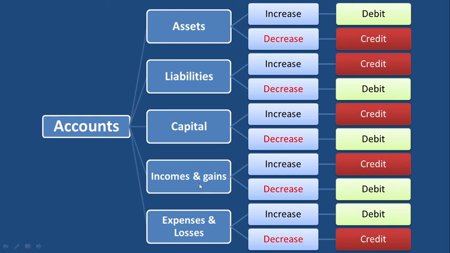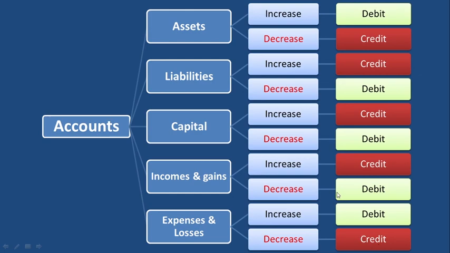When incomes and gains are increased, they are credited. When incomes and gains are decreased, they are debited. The last one: when expenses and losses are increased, they are debited. When expenses and losses are decreased, they are credited.